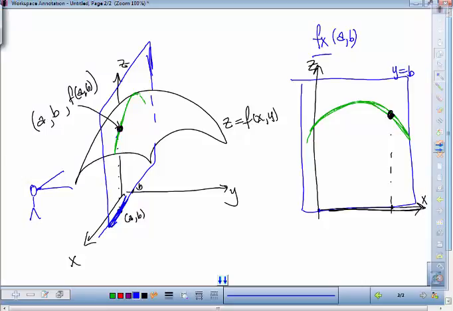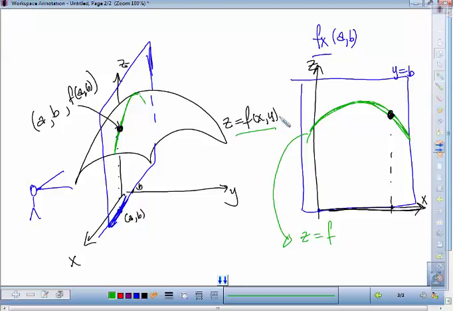Now, let's talk about this curve. This curve has a constant b. Right? So I'm going to express this curve as z is equal to f. This is the original f function, and I cut it with y equals b.